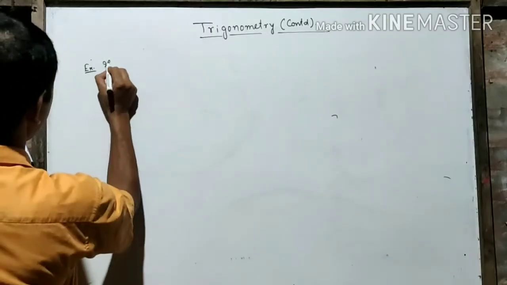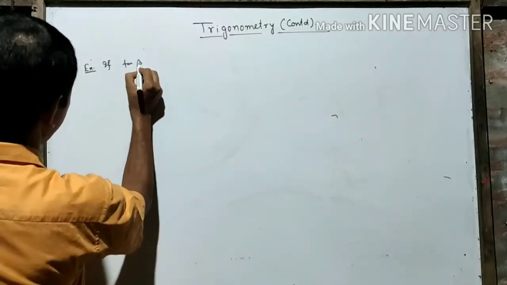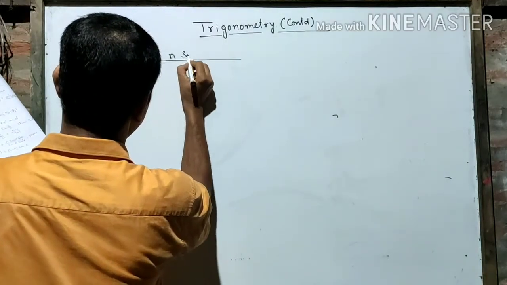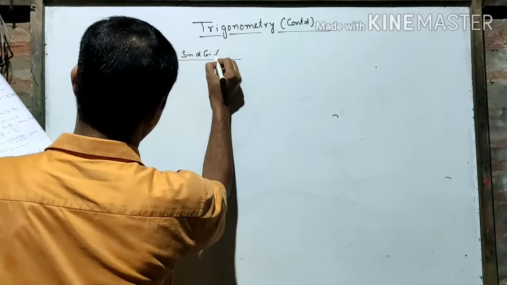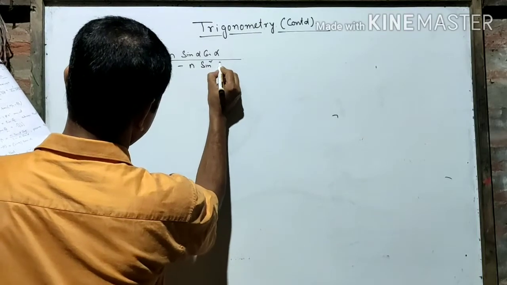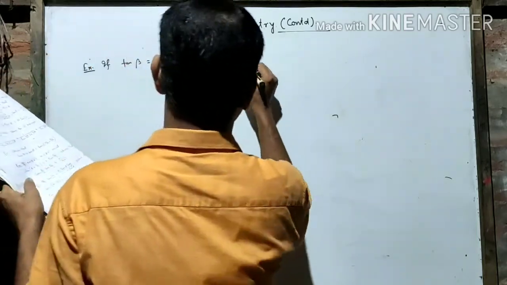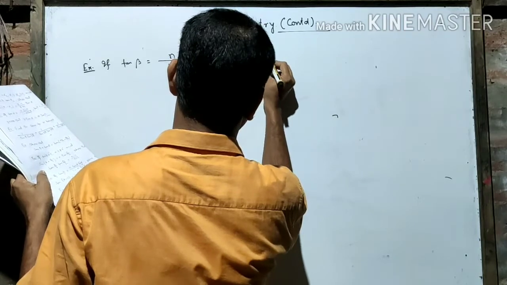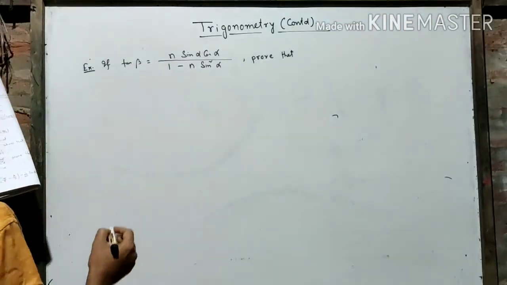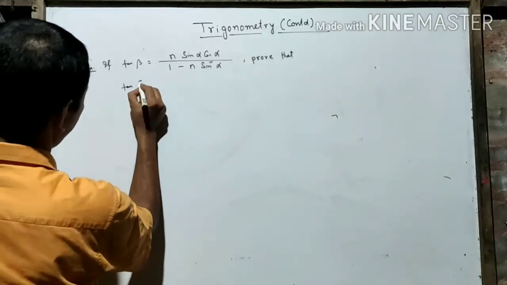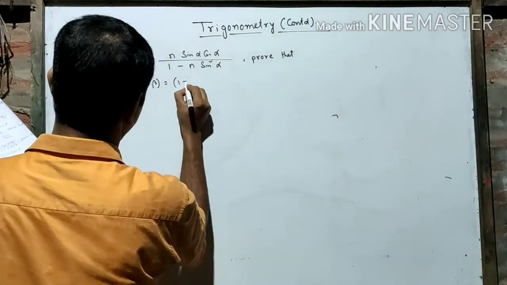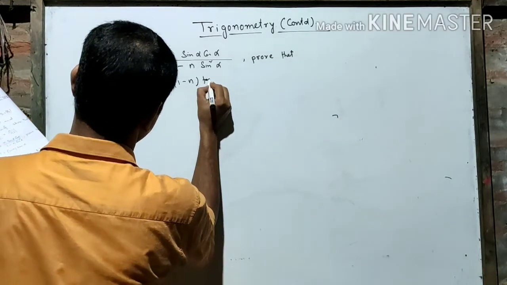Next question is, if tan beta is equal to n sin alpha cos alpha divided by (1 minus n sin square alpha), prove that tan of (alpha minus beta) is equal to (1 minus n) tan alpha.